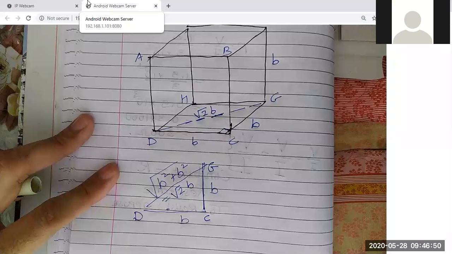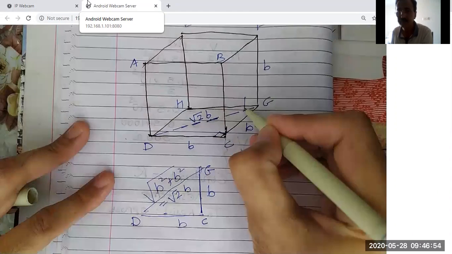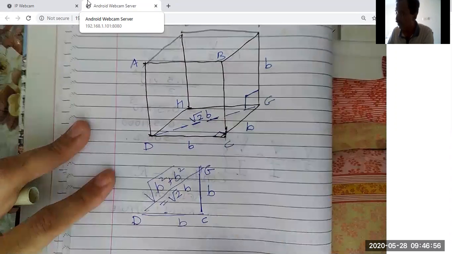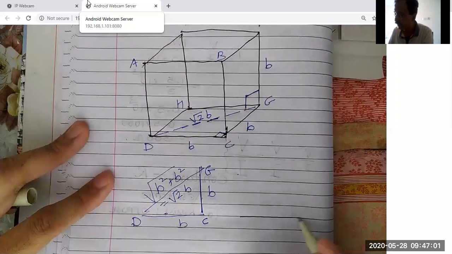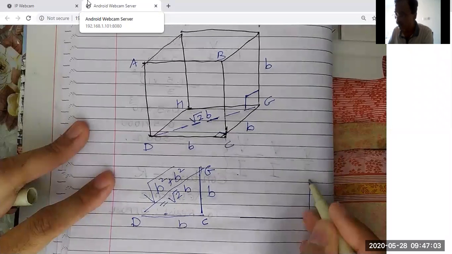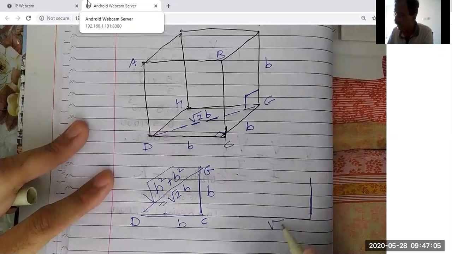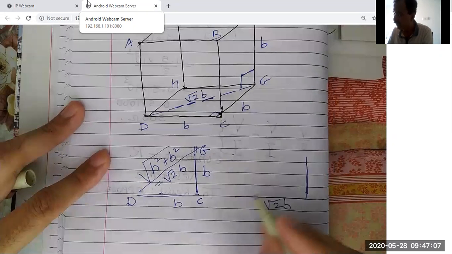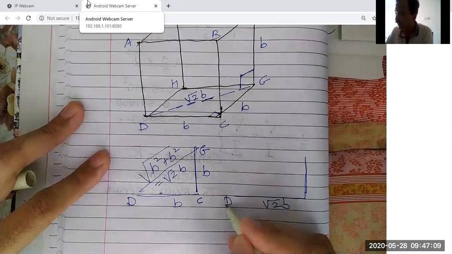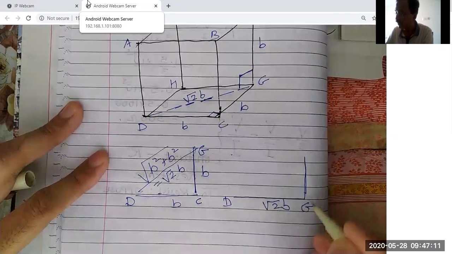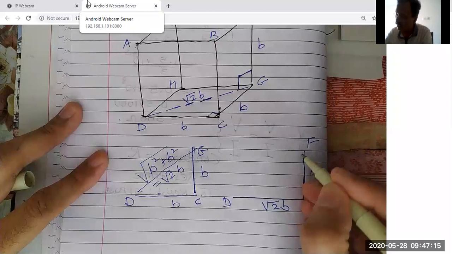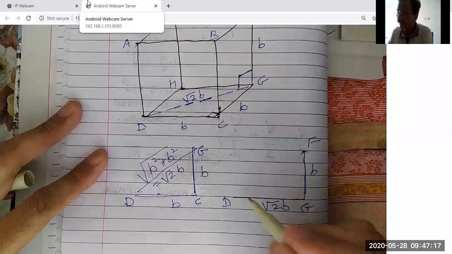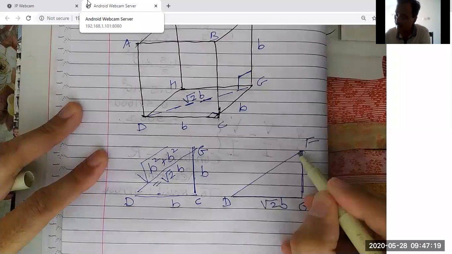Now this is again a right angle triangle. This is root 2B, this is D, this is G, and this is F. The distance is B. तो ये जो distance आएगा, I'm showing it here.